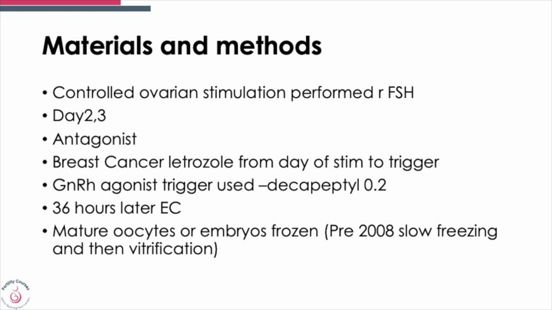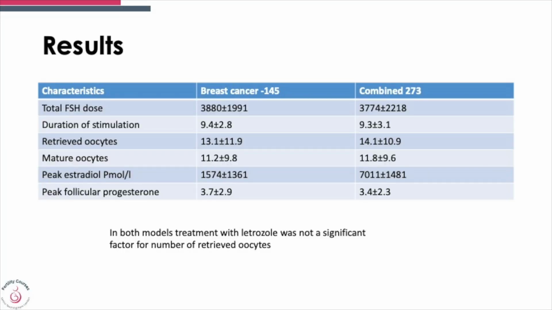Mature oocytes or embryos were frozen, and before 2008, slow freezing was used, while after that, vitrification was used. So let's look at the letrozole and gonadotrophin group and the rest. If you have a look at it, the general number of oocytes or mature oocytes were similar in both the groups.